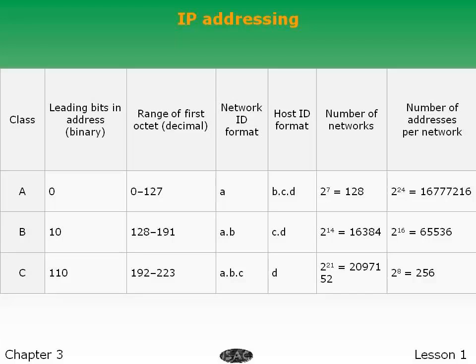The CIDR notation for the same IP address and subnet is 192.0.2.1/24 because the first 24 bits of the IP address indicate the network and subnet.